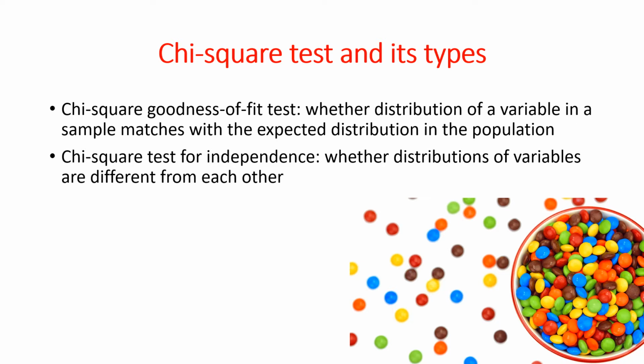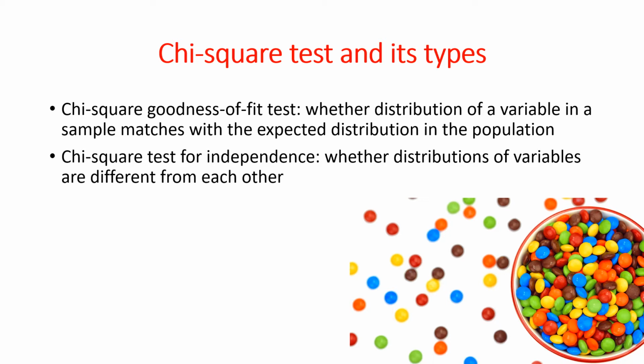So if, for example, you measure the socioeconomic status of some people with aphasia, and you want to see whether this socioeconomic status has any relations with their degree, and the degree is also a categorical variable here, like MA, BA, PhD.